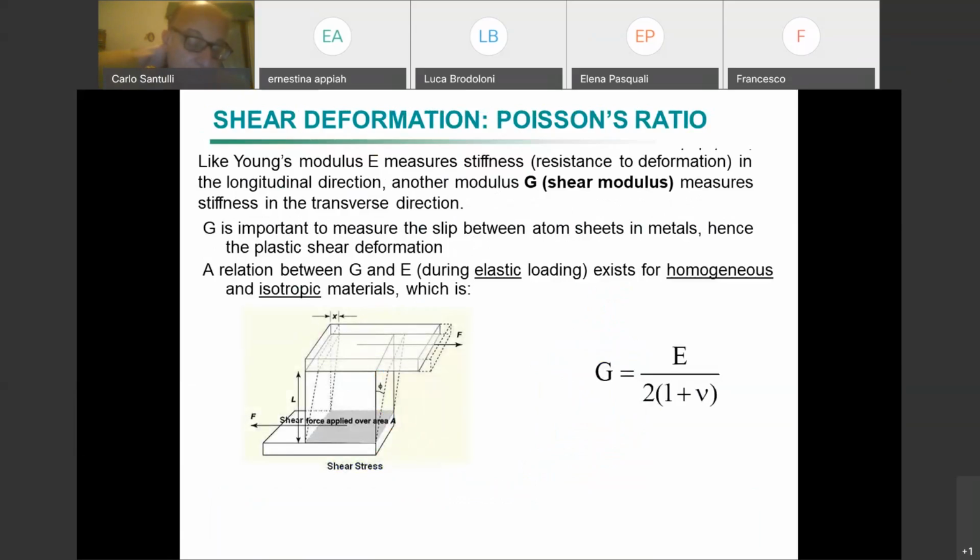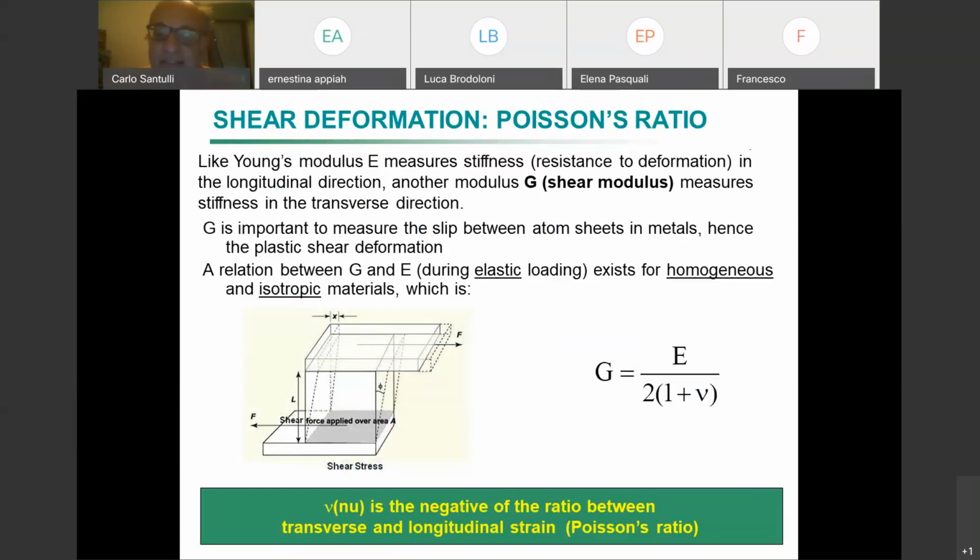Okay, so there is not just tensile tests. Of course, there is also the possibility that some deformation is obtained by shear tests. Shear test means that you have a deformation in the transverse direction, not only in the tensile direction.